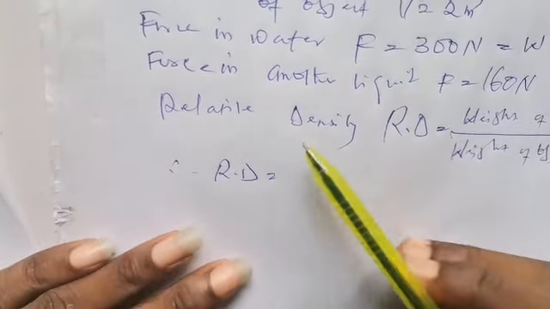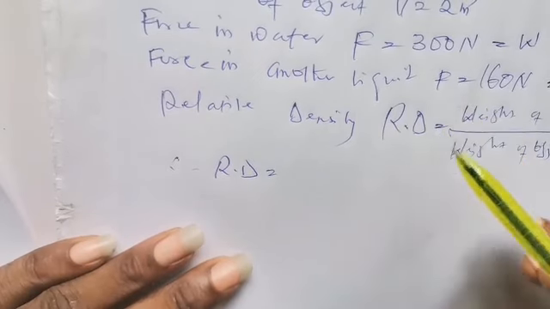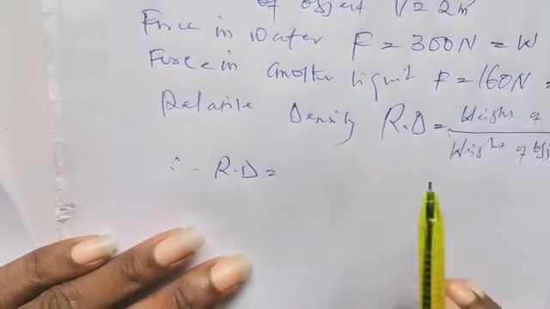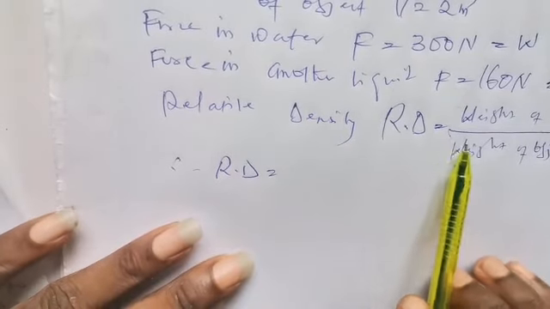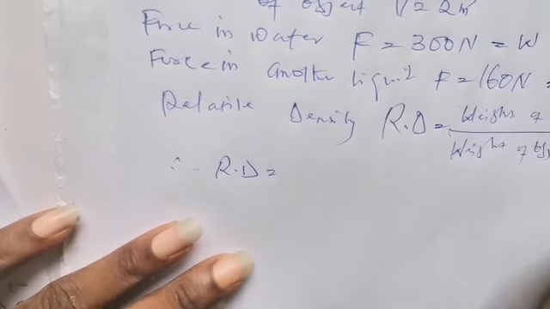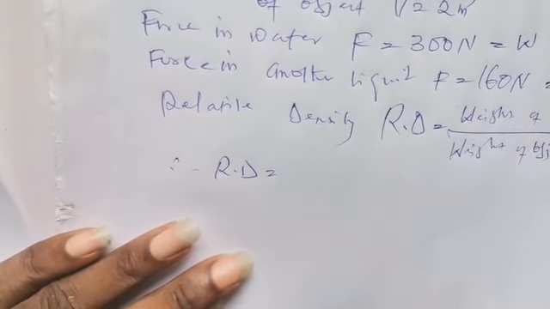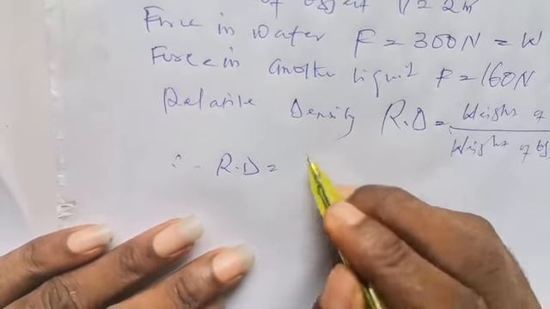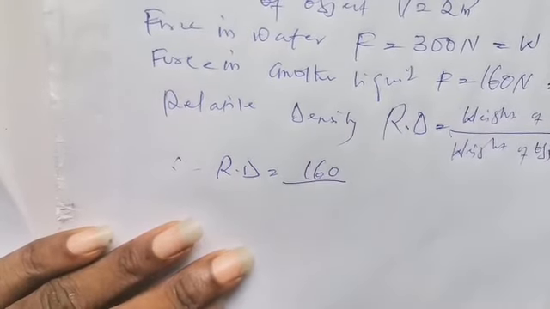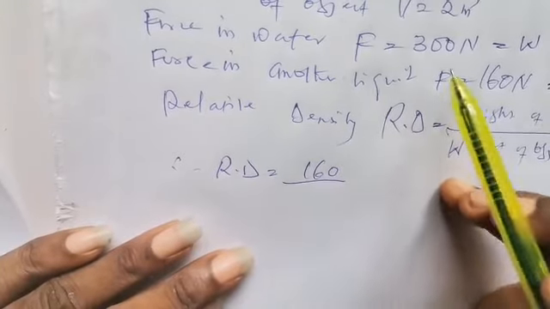So the weight of the object in the liquid becomes 160 newtons, equal to the force of the object in the liquid. And you have 160 over the weight of the object in water, which is equal to the force of the object in water, and that is 300 newtons.